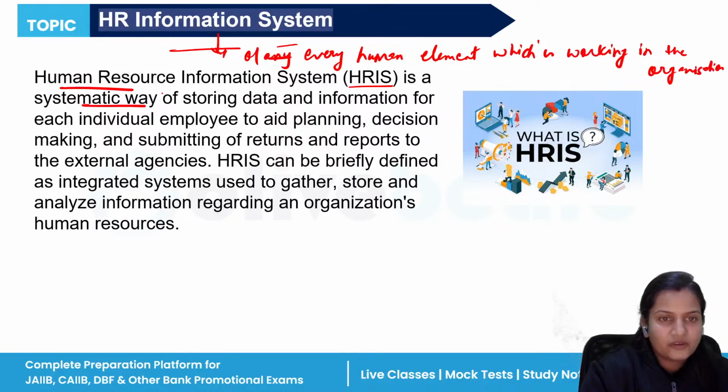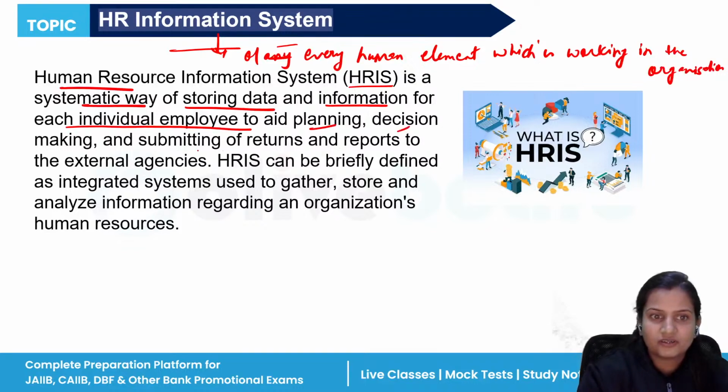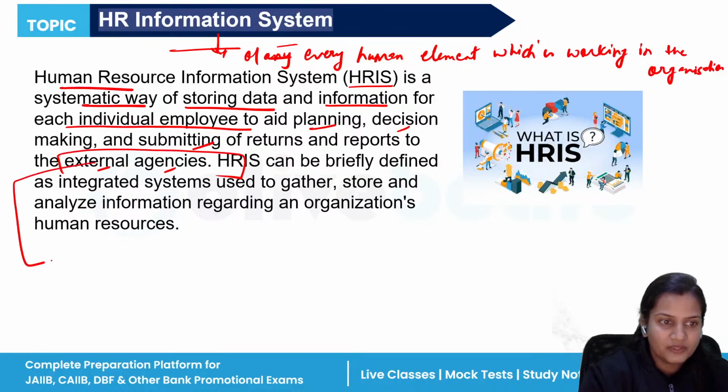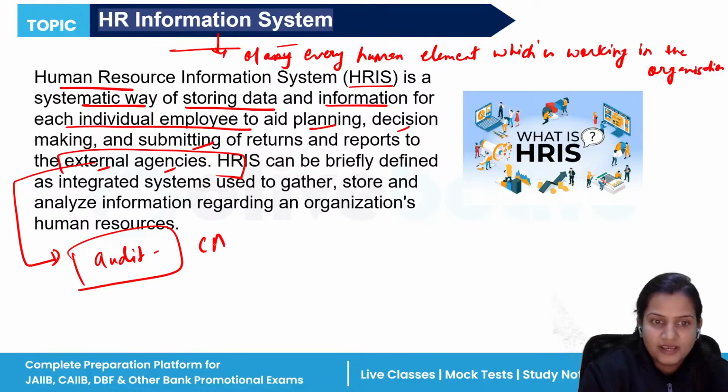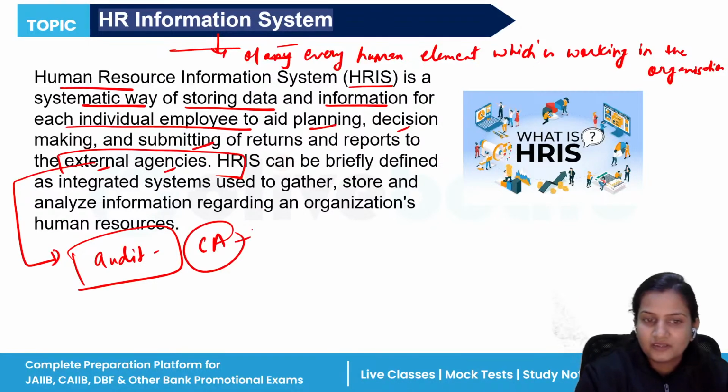It is a systematic way of storing data and information for each and every individual employee, for planning, for decisions, and for submitting returns to external agencies. Suppose you have a business, so every year there is an audit. When the CA comes, the CA will first tell you to show all the data of your company.